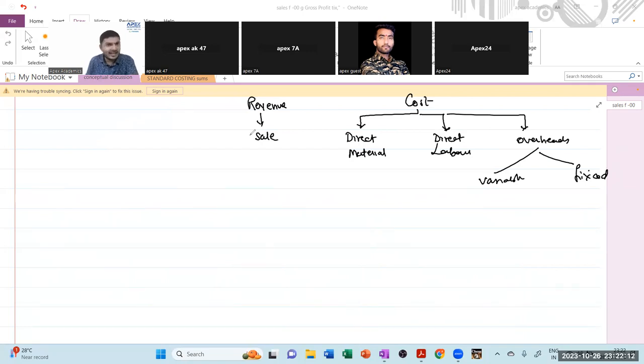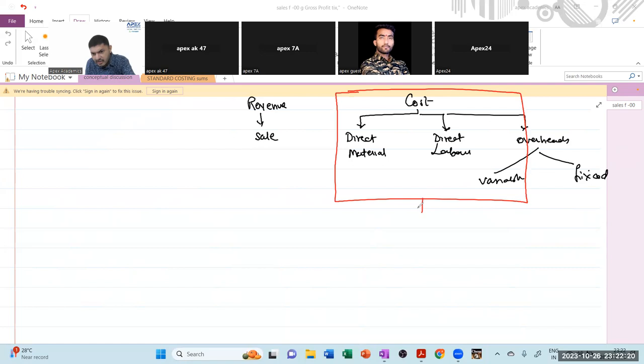Now, please understand in this particular aspect that direct materials, direct labor and variable overheads are product costs. They are variable in nature.